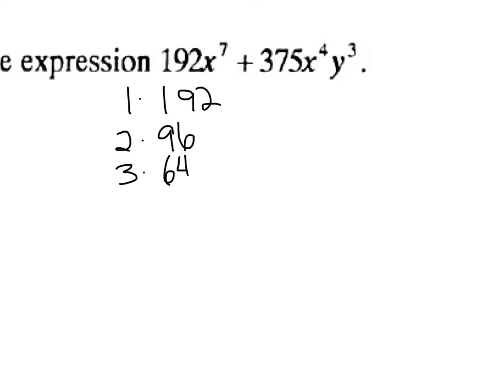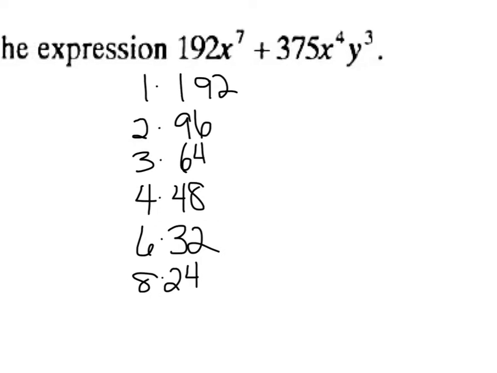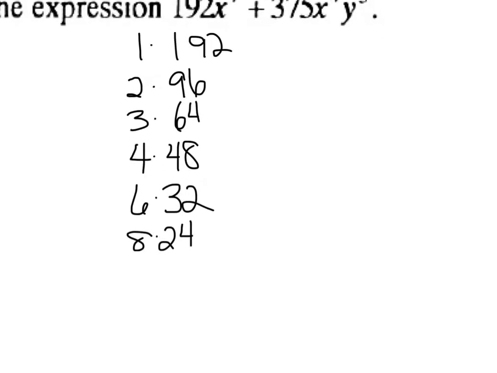try dividing it by 4. We've got 4 and 48. We know it's not divisible by 5, so we can check 6. We've got 6 and 32. We go ahead and check 7. Doesn't work. Check 8. 8 and 24. Let's see, next we've got 9. 9 doesn't work.